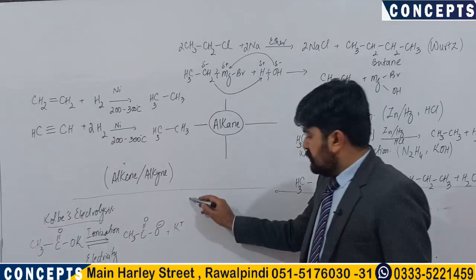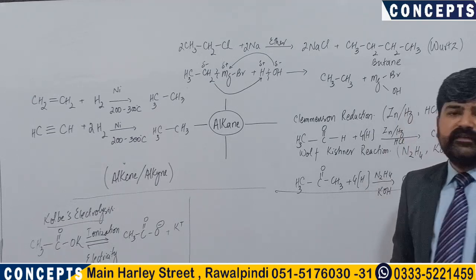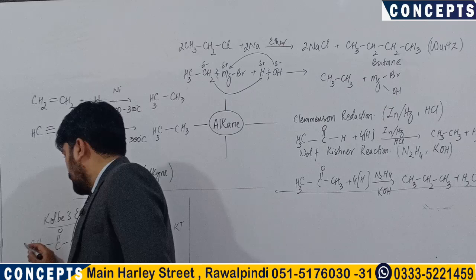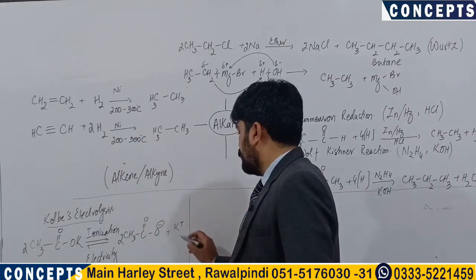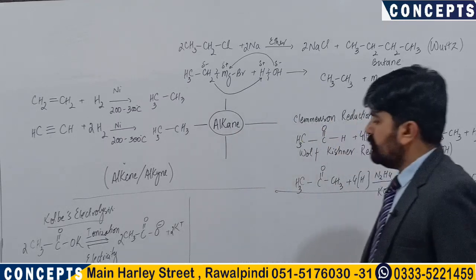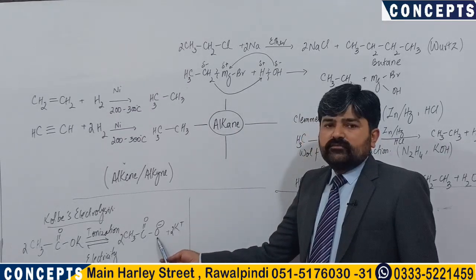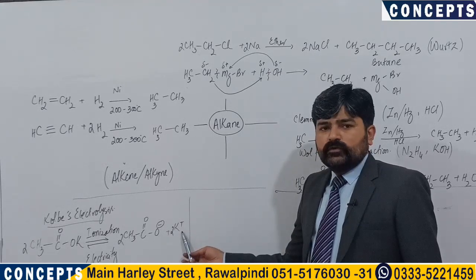Before proceeding to the other parts of the reaction, I simply multiply the equation with 2. So for the sake of simplicity, I multiplied reactants and products by 2. On passing current, negatively charged ions move towards anode and positively charged ions move towards cathode.